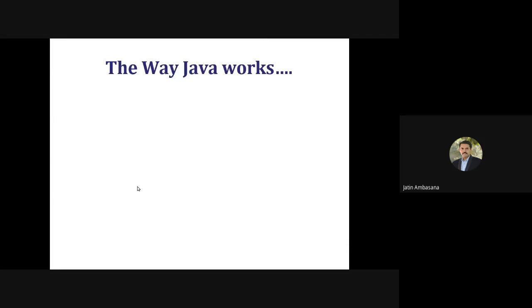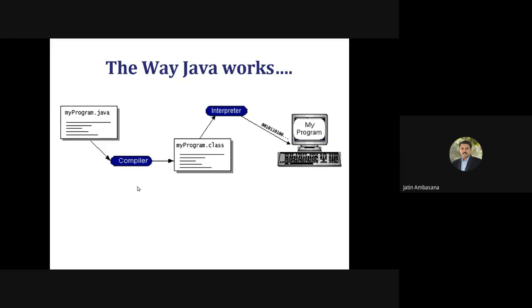So the way Java works, we saw this last time, is that there is a Java program, and that Java program is given to the compiler, which creates a .class file. That .class file is given to the interpreter to run, which will actually run the program and give you the output. So this is the way Java works.